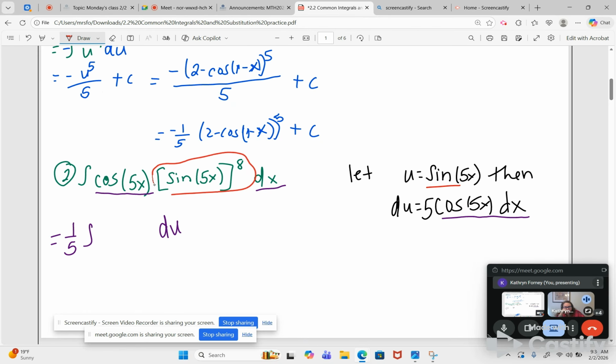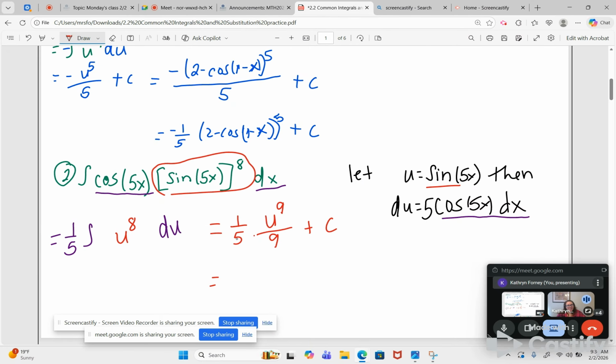So this is just u to the 8th. So 1/5 times the antiderivative of u to the 8th. So now, the antiderivative says I increase my exponent, divide by the new exponent.